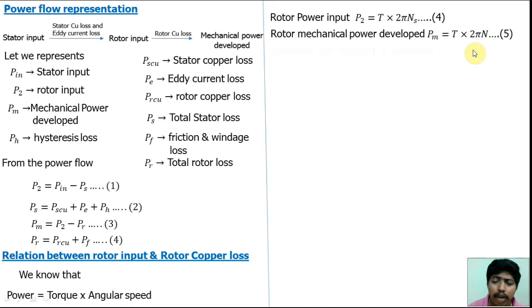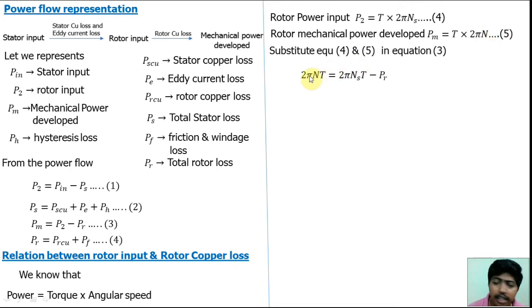Substitute equations 4 and 5 in equation 3. We will get P2 minus PM, that is, P2 is equal to 2π/60 NS into T, minus the mechanical power, so the total rotor loss PR is equal to 2π/60 into (NS minus N) into T. Let me take this equation as 6.